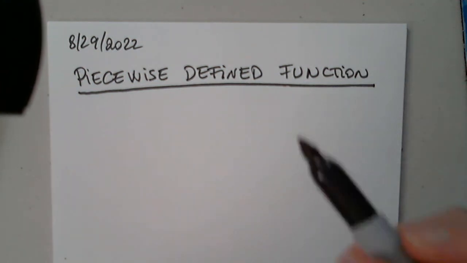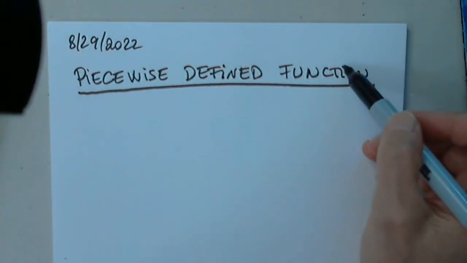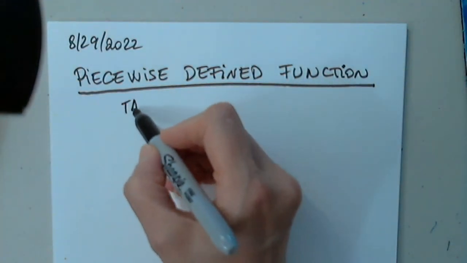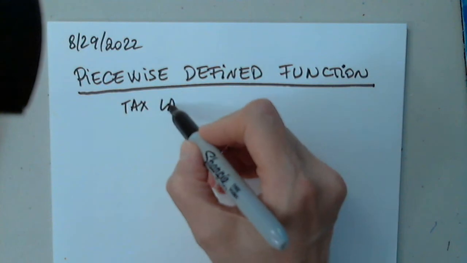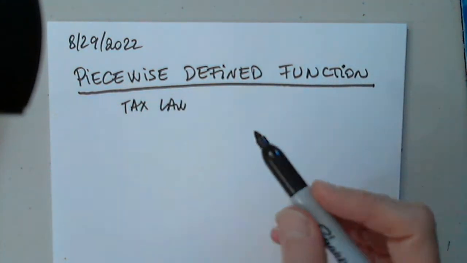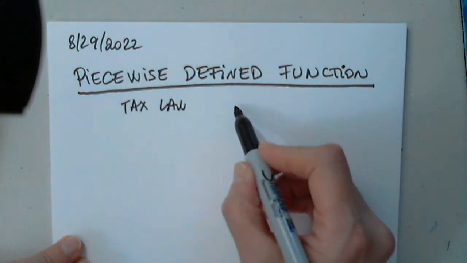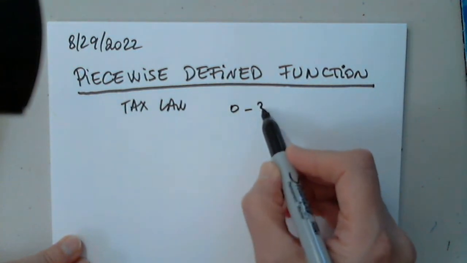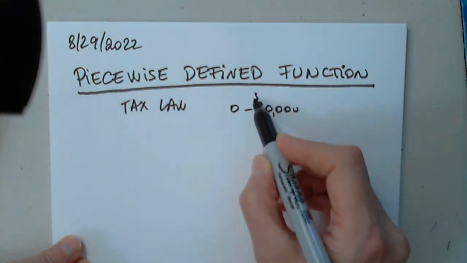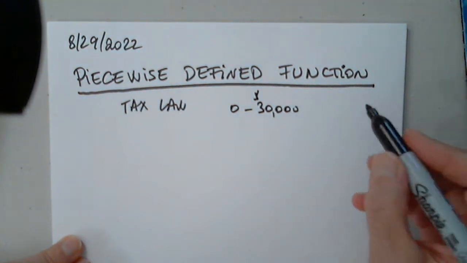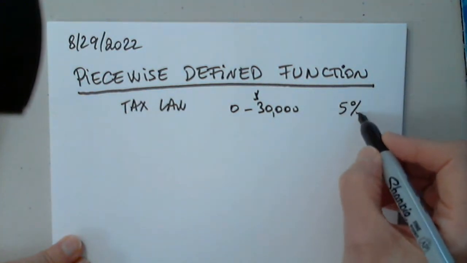A piecewise defined function, as an example, is the tax code or tax law. How come? Okay, I'm just going to make up some numbers. Let's say for someone with an income from 0 to 30,000, that person pays 5%. I'm making up numbers.